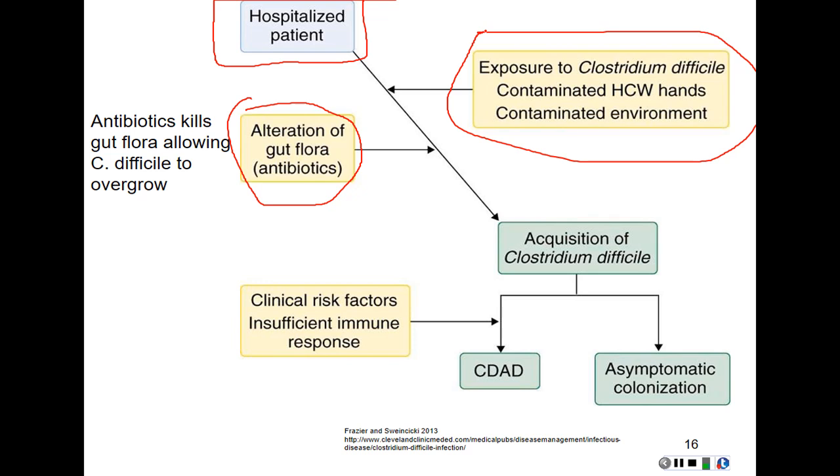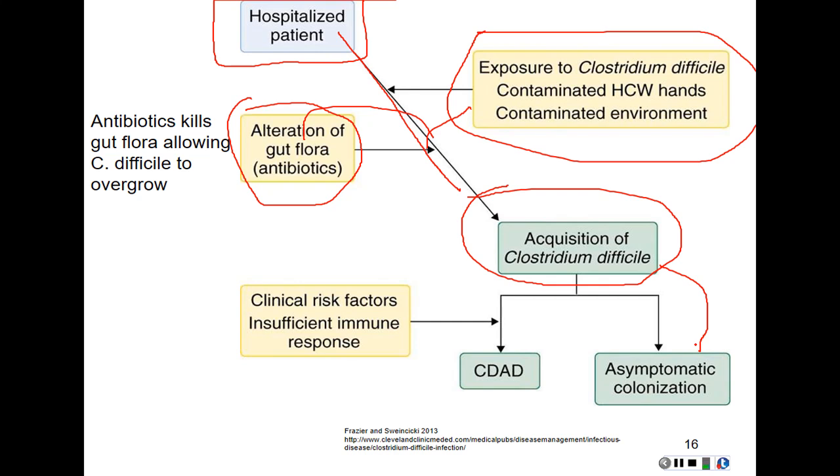You could be exposed to the toxigenic strain, for example, through healthcare workers' hands. Okay, so now we have a patient that has new exposure or an overgrowth of their own C. diff. So now C. diff has been acquired, but that could go nowhere and not lead to a symptomatic condition. Just because you're exposed to these things doesn't mean that you're going to get disease.